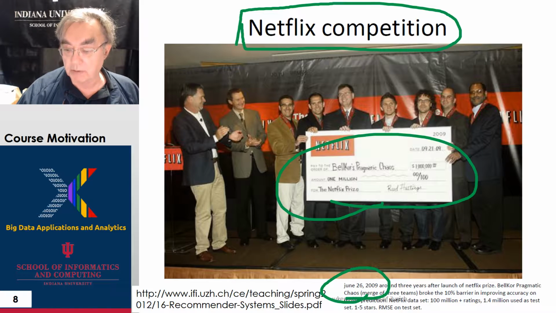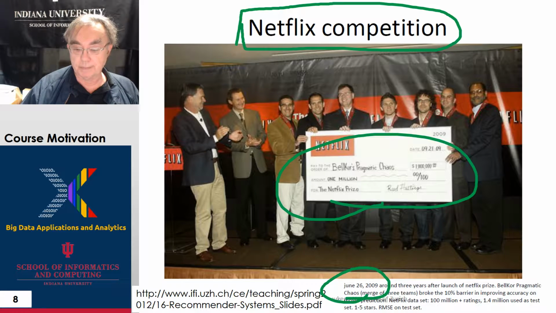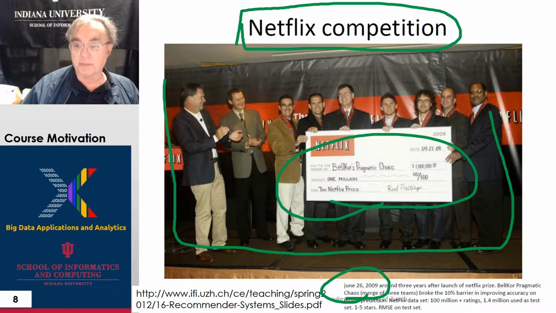As far as I know, they did not release the result. They did not say actually what their proposal was. Netflix probably kept that proposal internally. They actually did it in a very complicated fashion with, I think, some 100 different machine learning algorithms joined together. So here's this team of great people who won that prize.